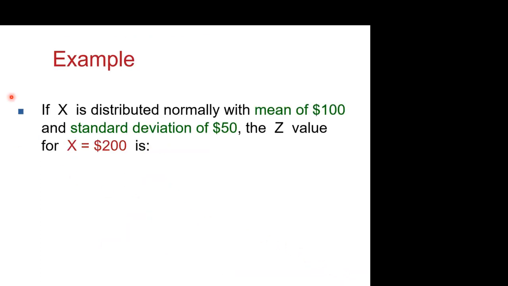So now let's look at an example. If x is normally distributed with mean equal to 100 and standard deviation equal to 50, we can find the value of z for x equals 200. So x equals 200 is from a normal distribution, and now we would like to convert this x into a z value.